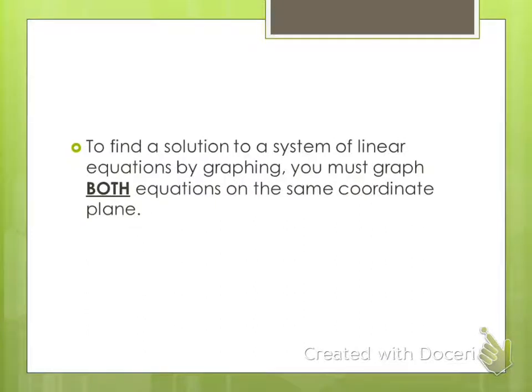To find a solution to a system of linear equations by graphing, you must graph both equations on the same coordinate plane. I think I might have mentioned this to this class yesterday, that all we're doing today is graphing. We have 2 lines on each grid.